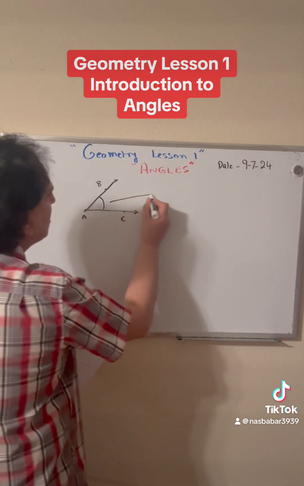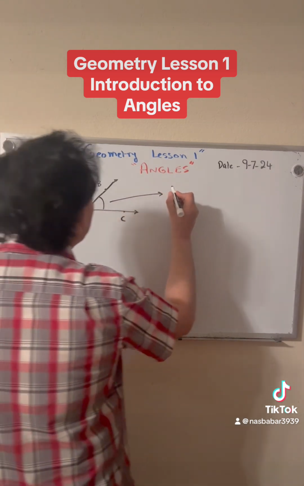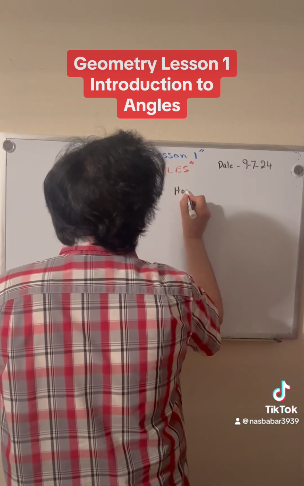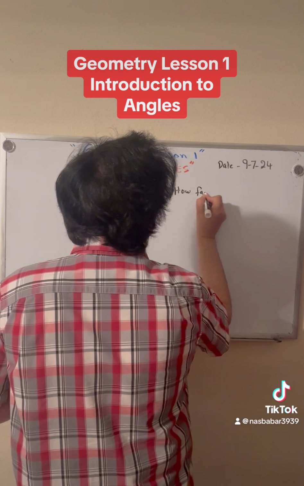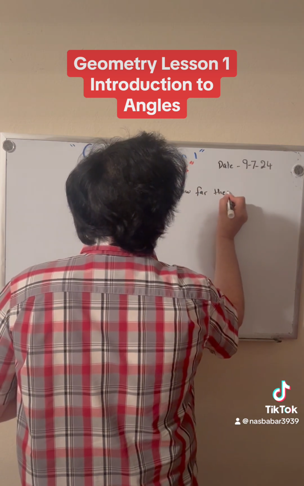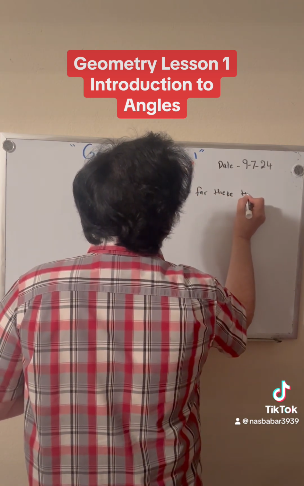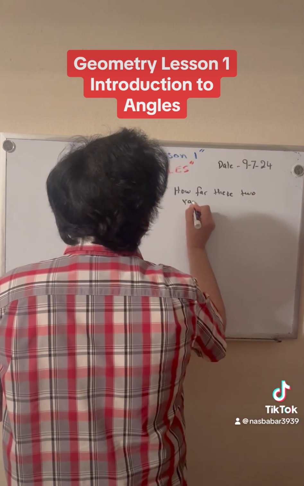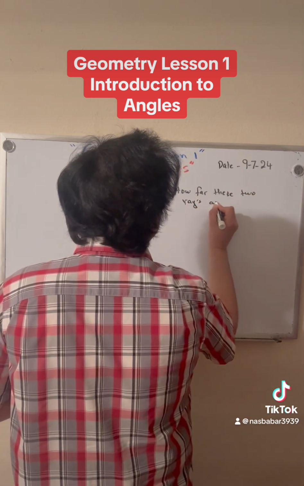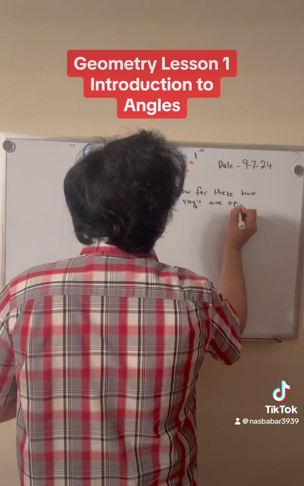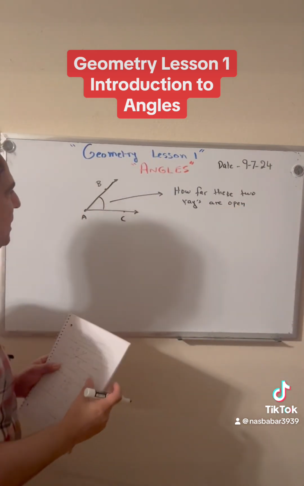Let me write this down. This is the best definition I can think of: how far these two rays are open.